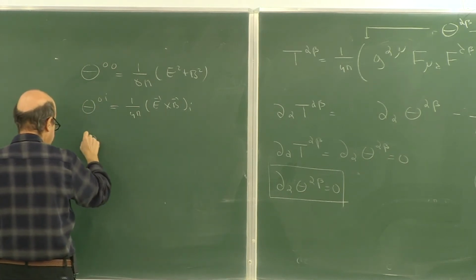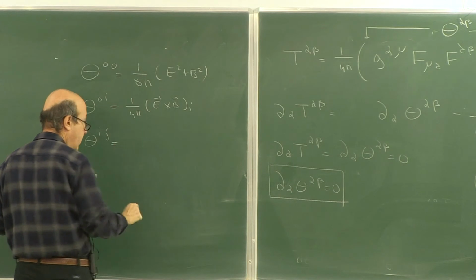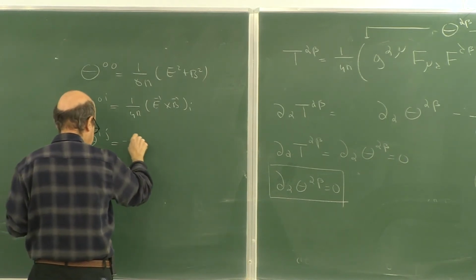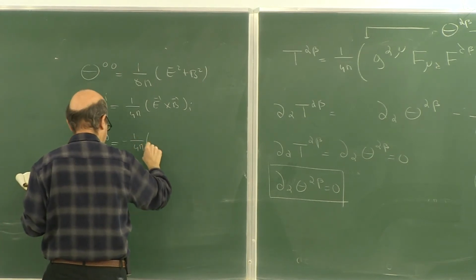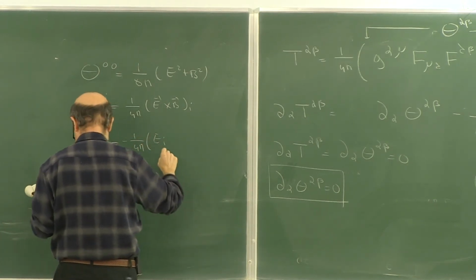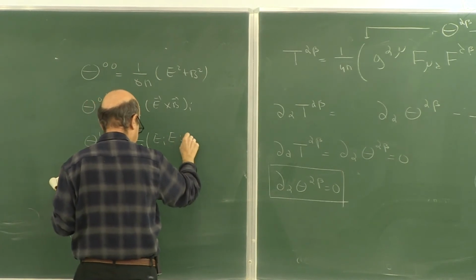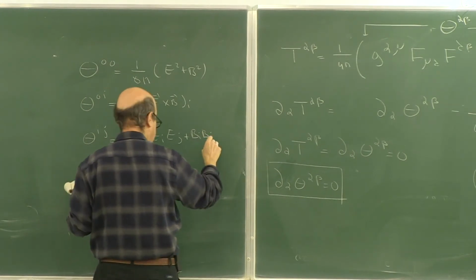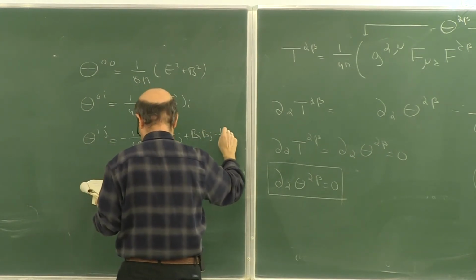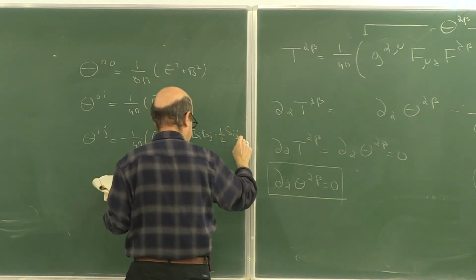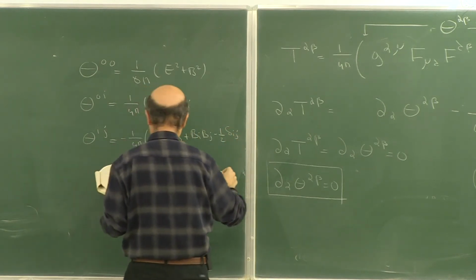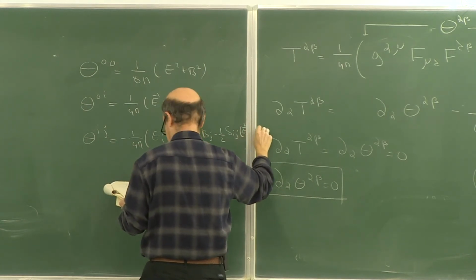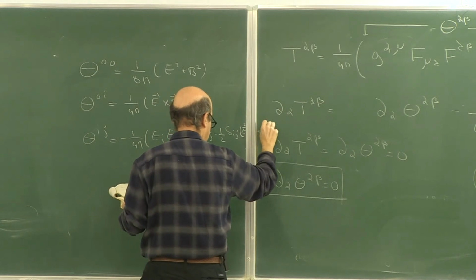And all ij terms, i = 1, 2, 3, j = 1, 2, 3, is equal to minus 1 over 4 pi (E_i E_j + B_i B_j), minus 1 over 2 canonical delta_ij (E² + B²).